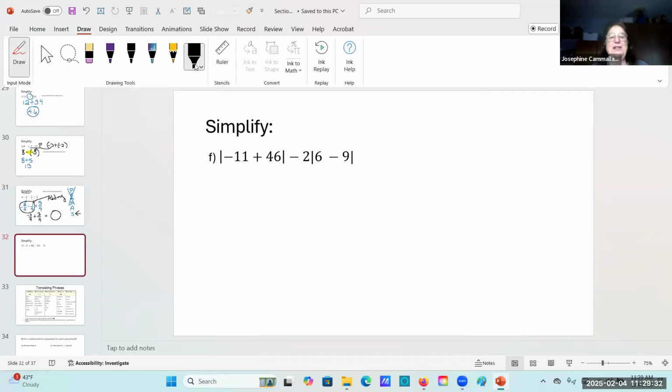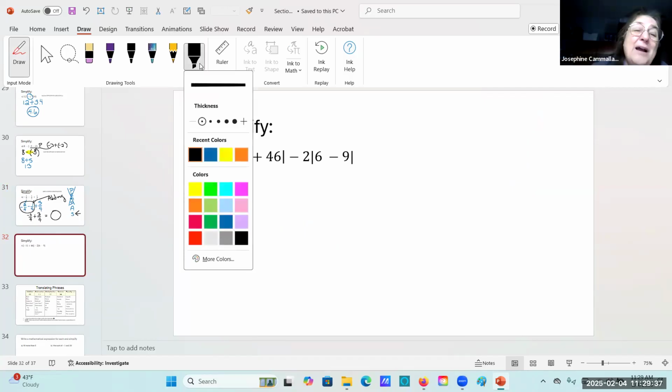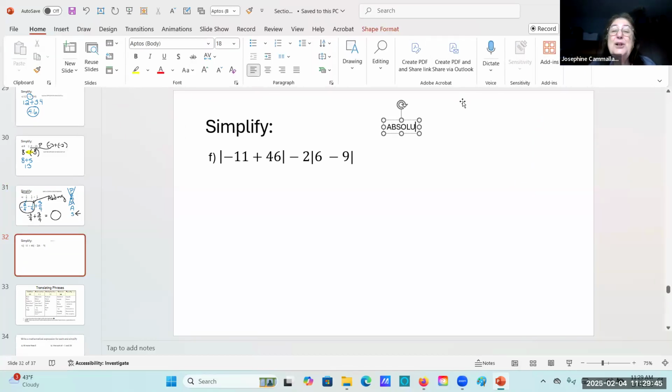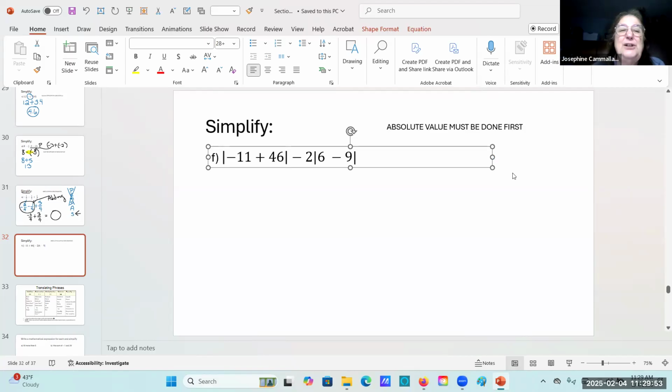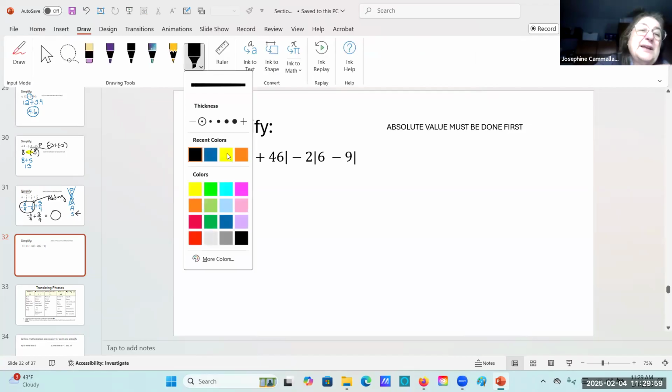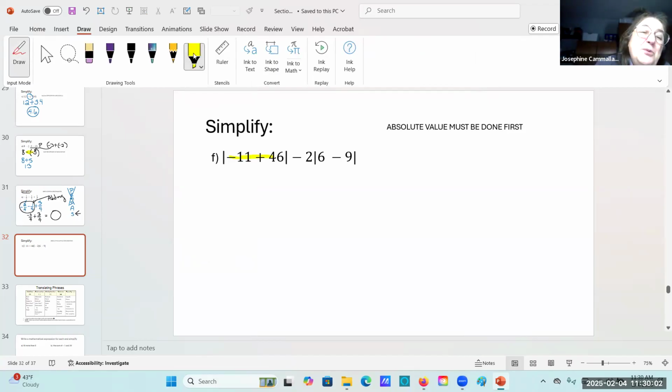Now, this one gets to be a little interesting because I have absolute value bars. Absolute value must be done first. Right here, I'm doing what's inside here, but I'm going to put that answer back inside a bar.